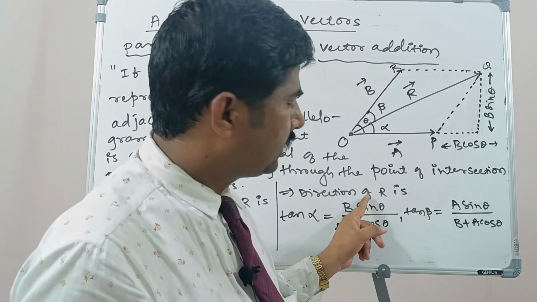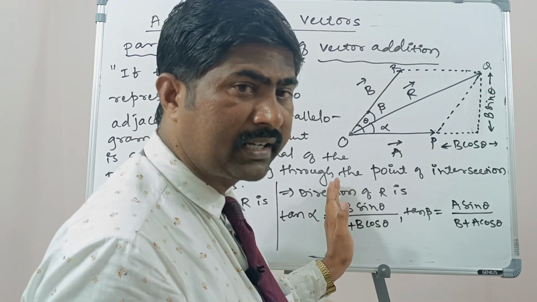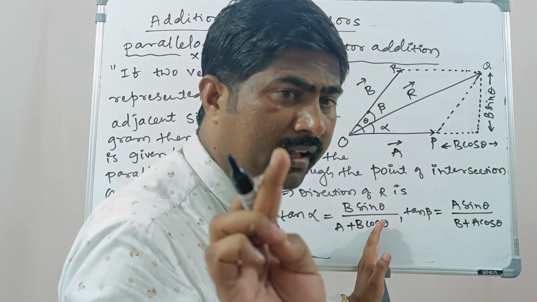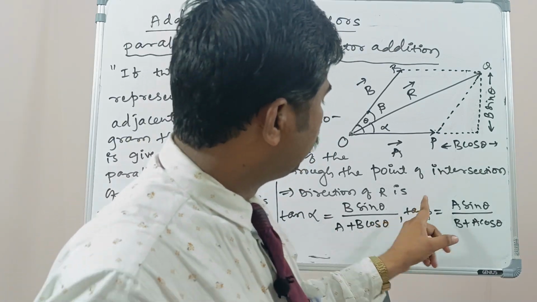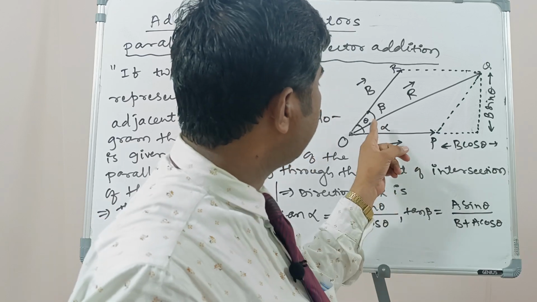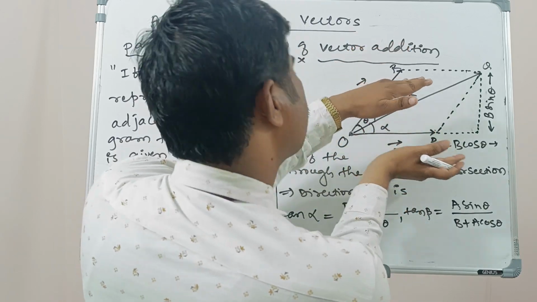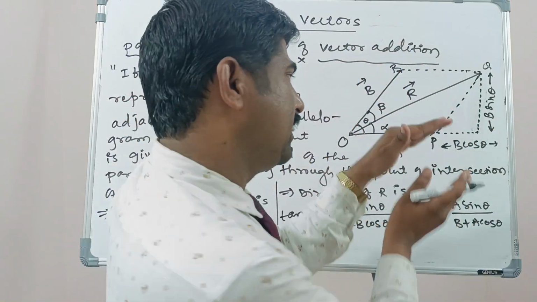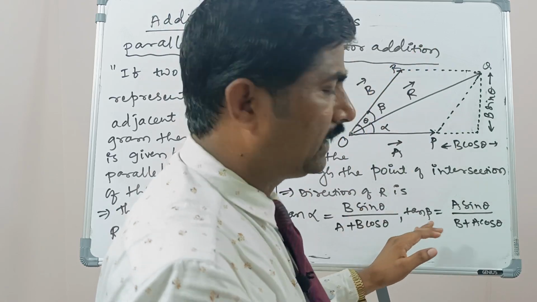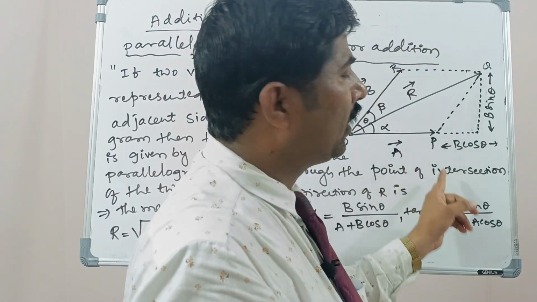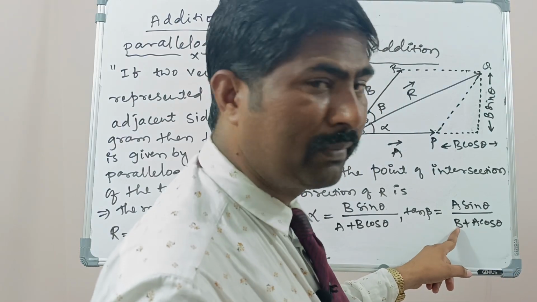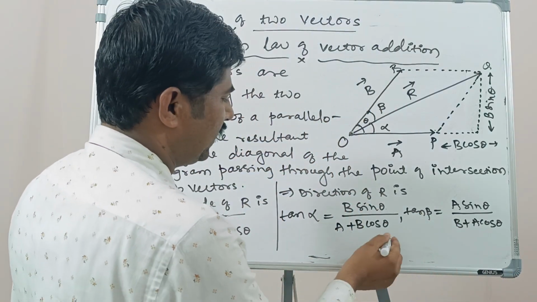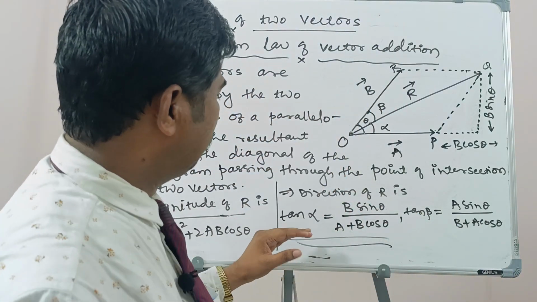Just write B here: B sin theta divided by B cos theta, and addition of A, that is A plus B cos theta. Then coming to tan beta, A seems to be falling on that. Tan beta is equal to A sin theta divided by A cos theta plus B. B should be added. So you understand and remember this direction in a very simple manner.